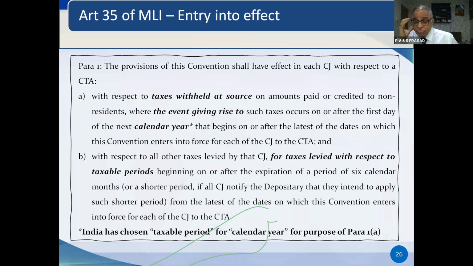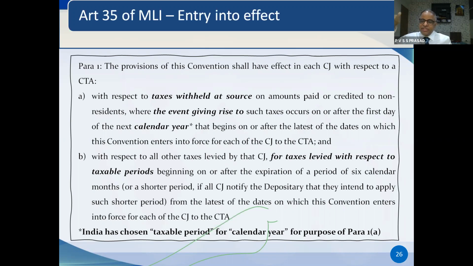Because we have two different tax years, India follows financial year and most of the countries follow calendar year, the effective date cannot be the same. Same way, entry into force might be two different dates depending on the respective statutory legal ratification process each country takes. So take the example of India and Singapore: the entry into force would have happened on two different dates, which we will see in the next slide.